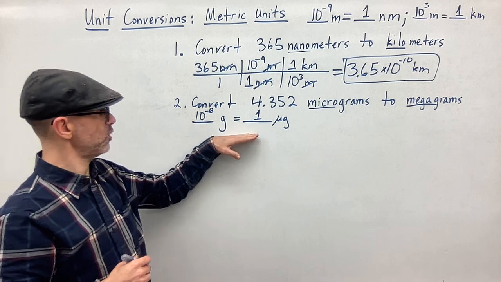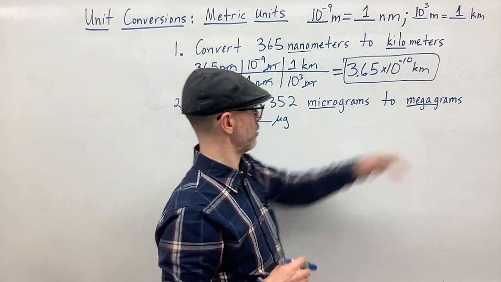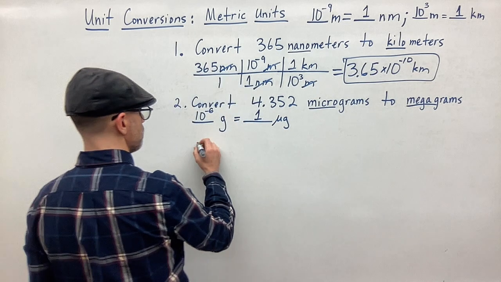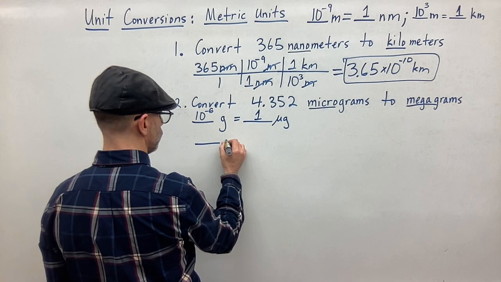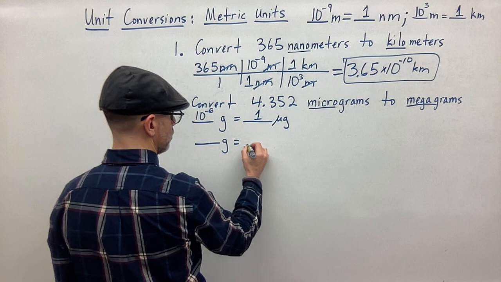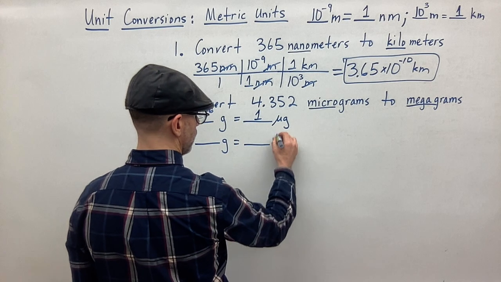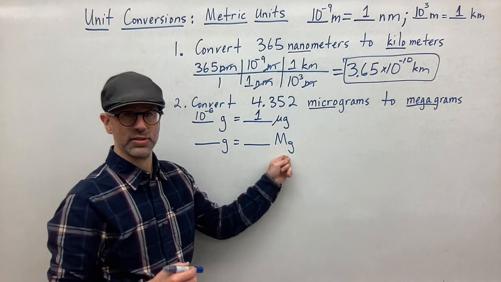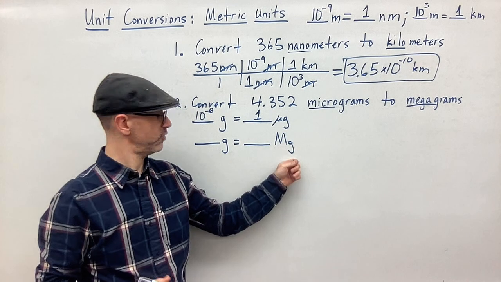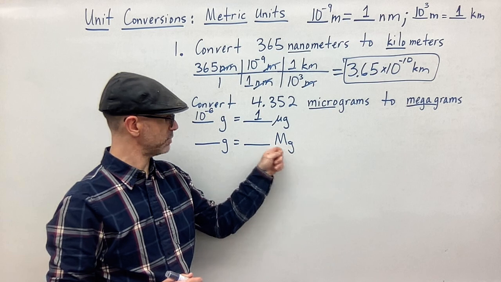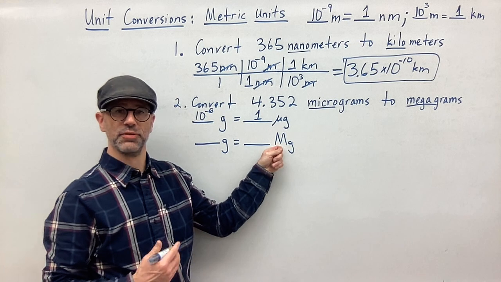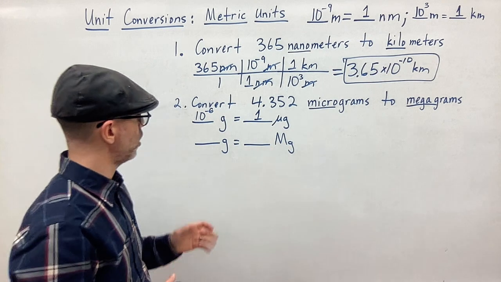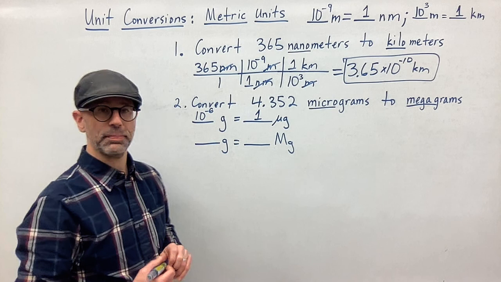So there's one equality. Now I have to do megagrams. So here, again, I'm going to put grams. That's going to be equal to a certain number of megagrams. I know this looks like magnesium. It is not magnesium. It is megagrams. The capital M is the prefix mega. So again, I put 1 with the prefix unit.